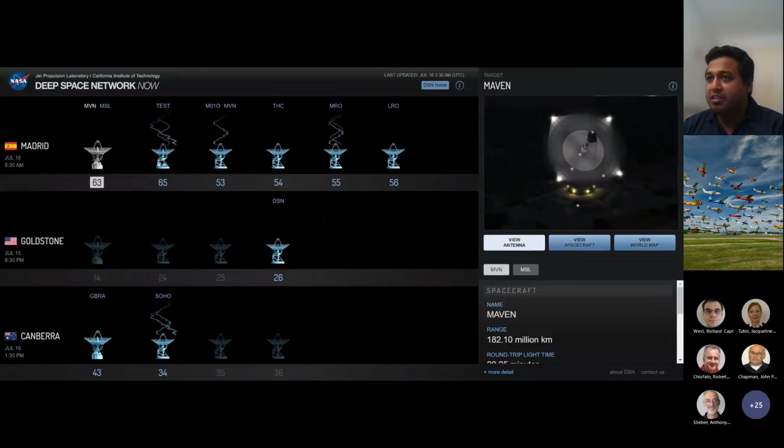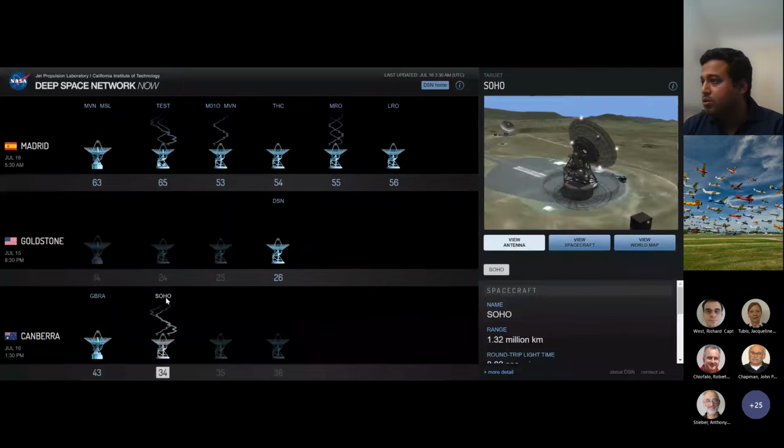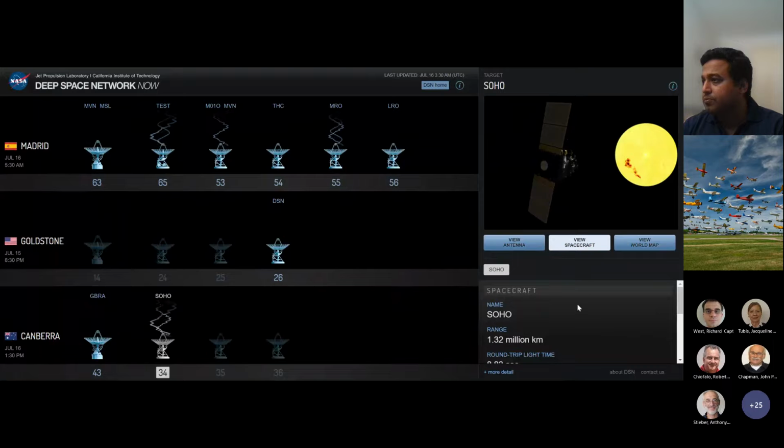So right now, the one in Madrid is communicating with an instrument, and the one in Canberra, Australia is communicating with something called SOHO. And Goldstone, surprisingly, has no active communications right now.